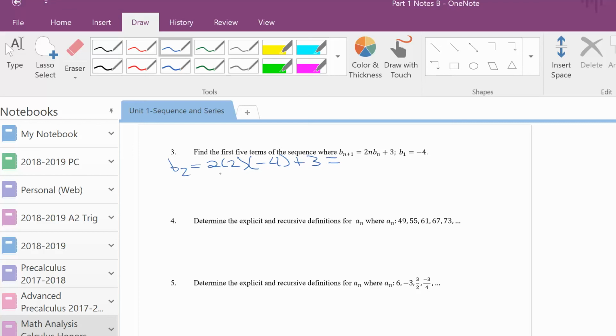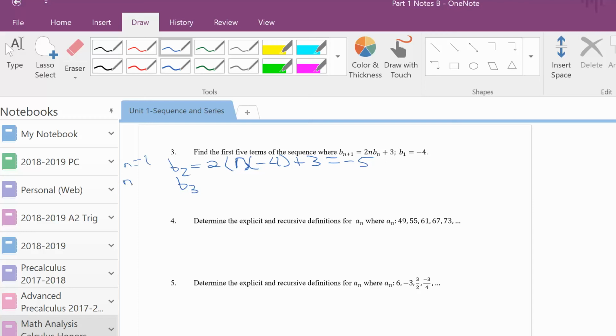Sorry, I made a mistake there. If you're finding the second term, since it's n plus 1, n equals 1. So it's 2 times 1 times -4 plus 3, which is -5.